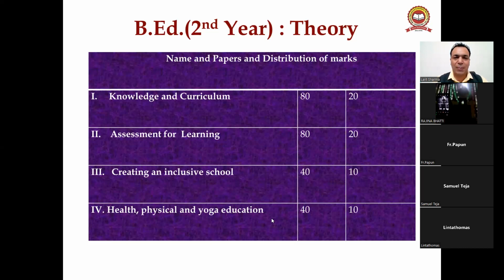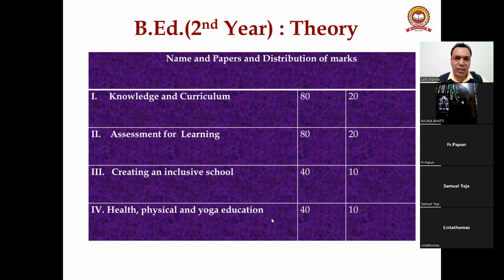Knowledge and curriculum, 80 marks of theory and 20 for internal marks. Again assessment for learning, 80 of theory, 20 of internal marks. And creating an inclusive school is half paper, of 50 marks. Means the third paper you have to appear for 1.5 hours, right, guys?